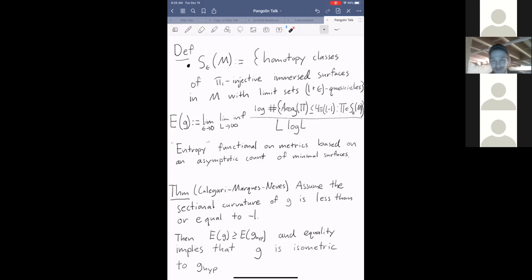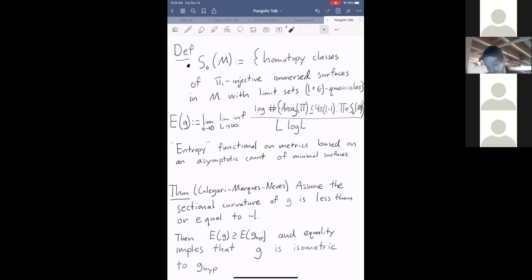But if you just choose one of them, then you'll just have one. So that's what this area of a homotopy class means. It's the infimal area over all the surfaces in the homotopy class, which is realized by a minimal surface.